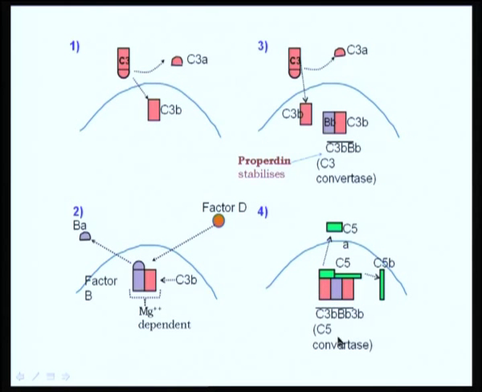As the name suggests, the C5 convertase recruits C5, because there is a binding site on this complex where C5 binds, and the C5 convertase cleaves the molecule to C5a and C5b.